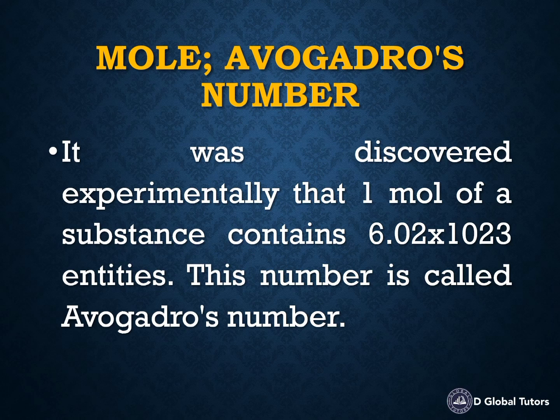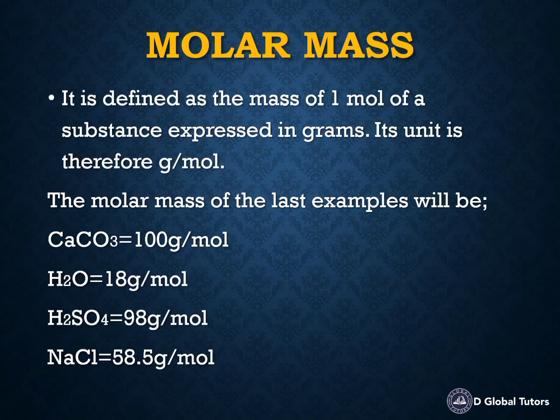Remember, we just talked about elementary entities in the last couple of minutes. So it means in every 1 mole of a chemical substance, we have 6.02 times 10 raised to the power 23 entities. Now, that 6.02 times 10 raised to the power 23 is what we refer to as Avogadro's number.